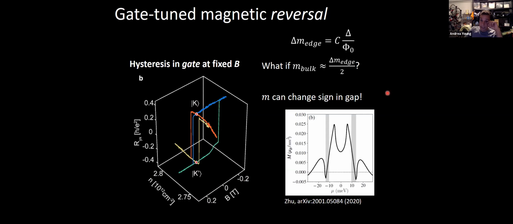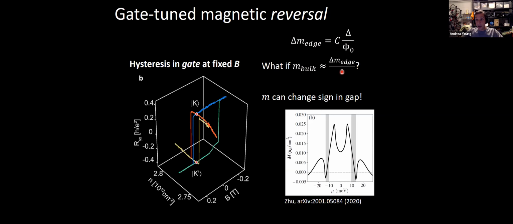And again, we think that this is quite consistent with this picture. The idea here is that you have some contribution to the magnetization from the edges, which is C delta over phi naught. And if M of the bulk, let's say at the band edge, happens to be around half of this value, then in the gap, you can simply switch the sign of the overall magnetization, which means that in a finite magnetic field, you now have switched from having all the moments polarized into the K valley and A sublattice to the opposite sublattice or opposite valley.